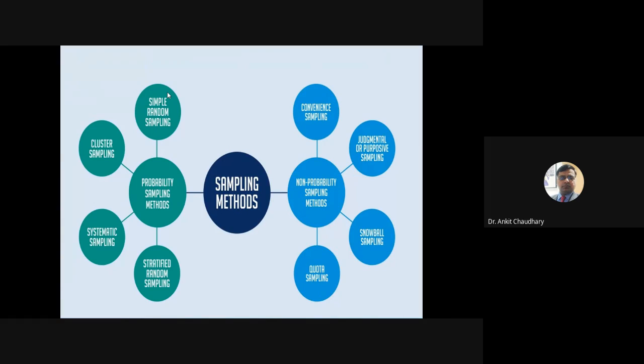Let's say you have 100 people in the room, and you will choose 10 of them. How will you choose? You will see a person and say come out, or you know the person and say okay, you sit and the next one come. So you will make some choice. Or let's say you don't know anybody and you have no bias, you have closed your eyes and you choose 10 people out of 100.